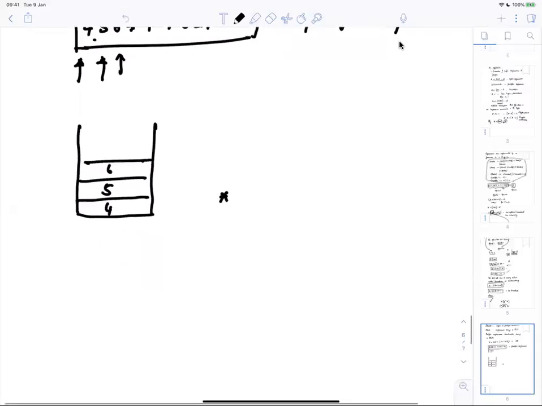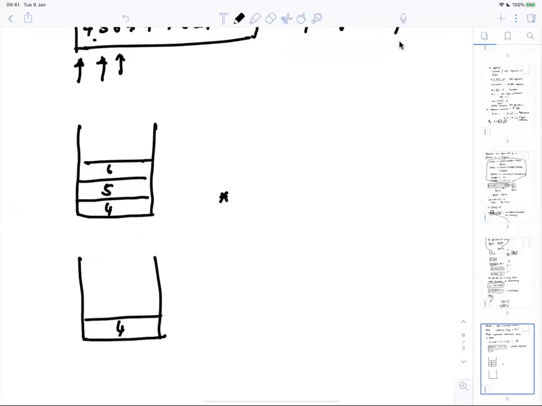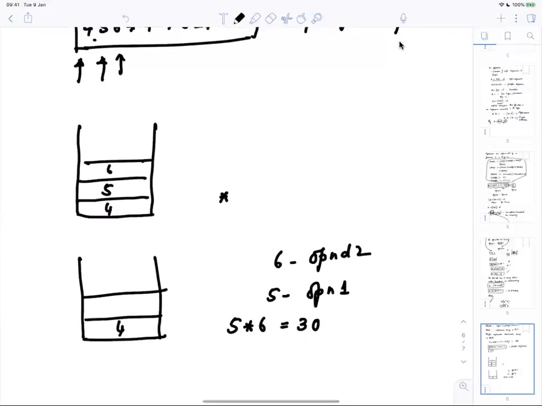I see an operator. Then what I do is I pop the top two elements from the stack, and the top most element is, because it's left associative, 6 is operand 2 and 5 is operand 1. So I pop it, perform the multiplication. This is 30. I push it back onto the top of the stack.